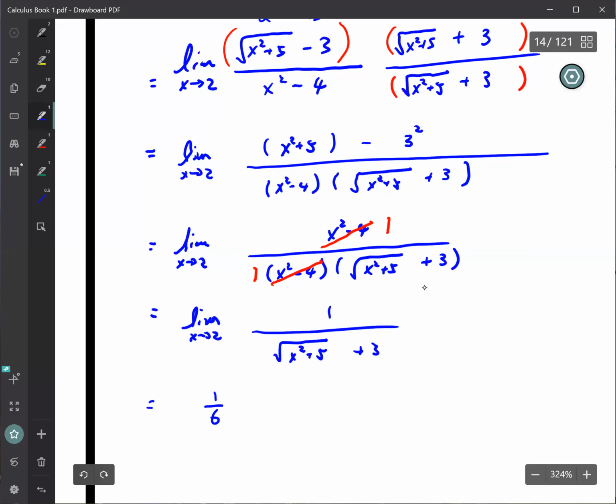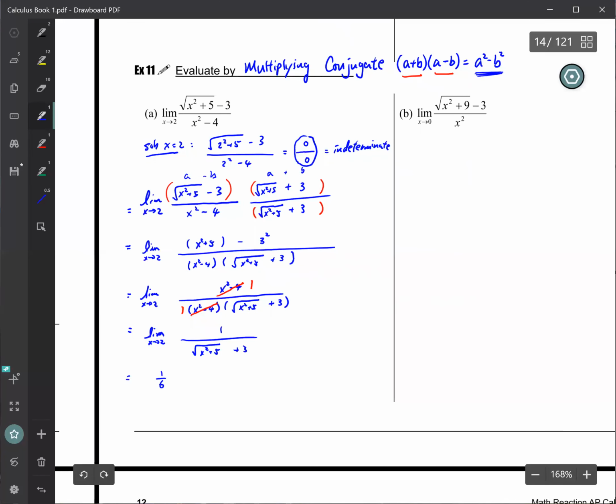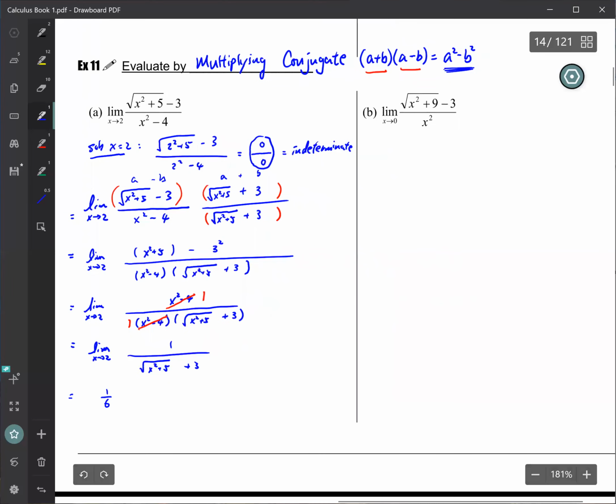Okay, all right. So the next question will be similar. Okay, so on the test, you will be given a question, right? So don't start with conjugate right away, right? Sometimes they try to trick you. Sometimes you just substitute, then it works. Okay, so just go over the substitution, make sure it's indeterminate, and then you start with conjugate, right? So try question B by yourself.